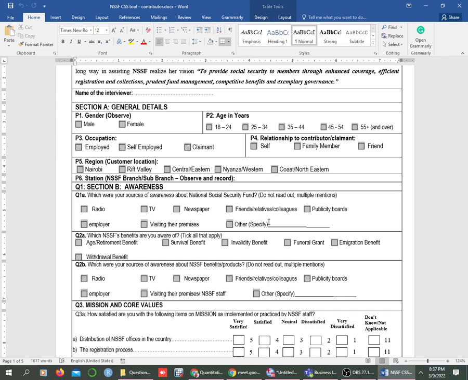So when you are dealing with this type of question, one, you read the answers your respondents are writing, and then after reading them, you group them together into themes. These themes are the ones you take to the final report. When you're writing a report, that is when you say, apart from radio, TV, and newspaper, there are these 4 respondents who mentioned social media. I hope that is clear.